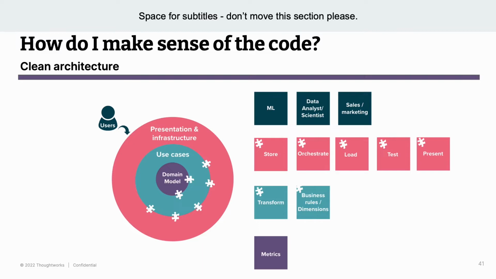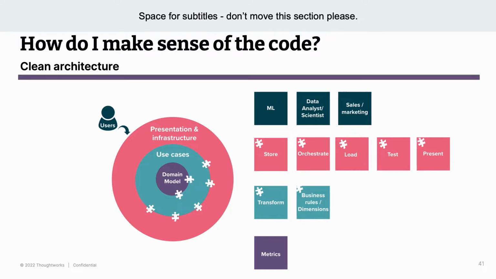And I guess this image is familiar to you. The only difference is that in the different layers, the core layer, the one that contains the use cases and the domain model, in our case is going to be the data that we have produced, the metrics that have the business value, and of course the transformations and business rules.